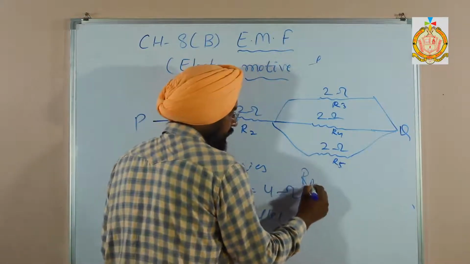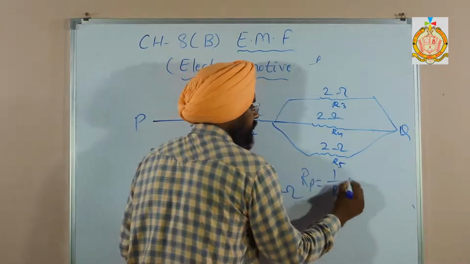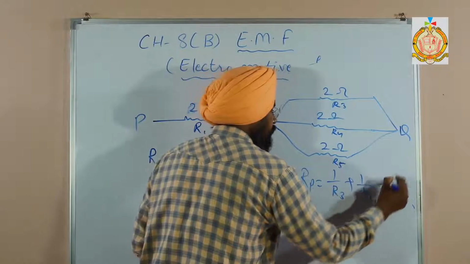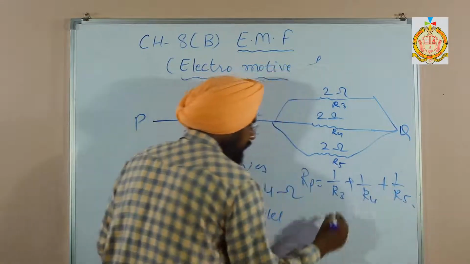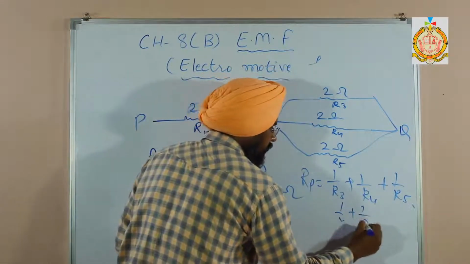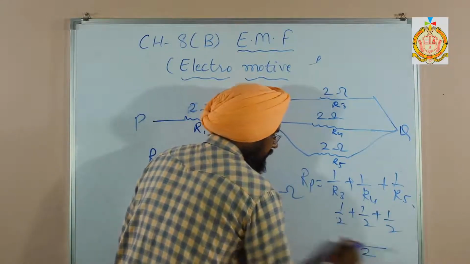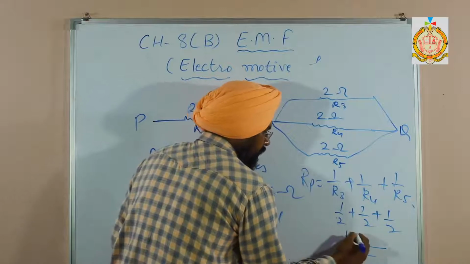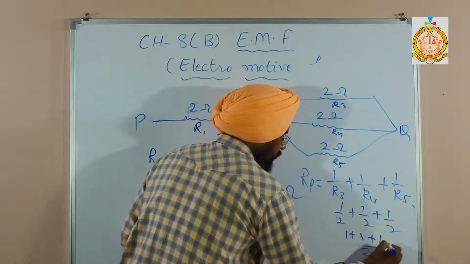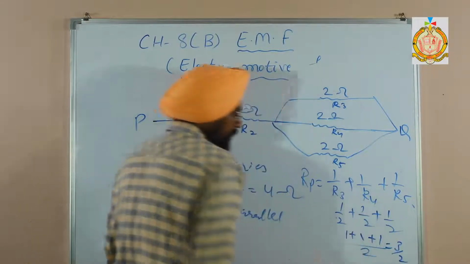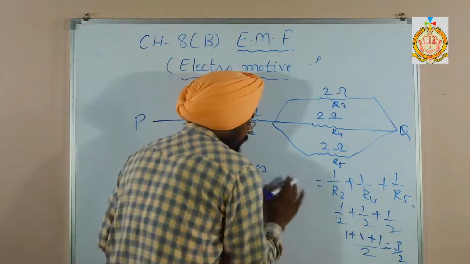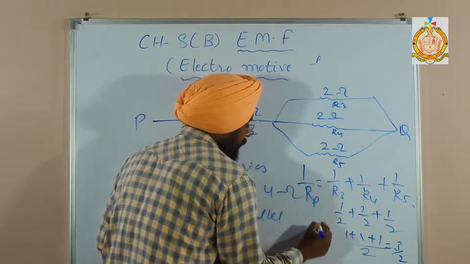So 1 upon R parallel is equal to 1 upon R3 plus 1 upon R4 plus 1 upon R5, that is 1 upon 2 plus 1 upon 2 plus 1 upon 2. Take the LCM 2: 1 plus 1 plus 1 comes to 3 upon 2. So this is 1 upon R parallel.